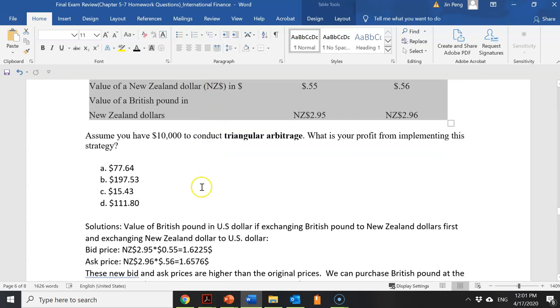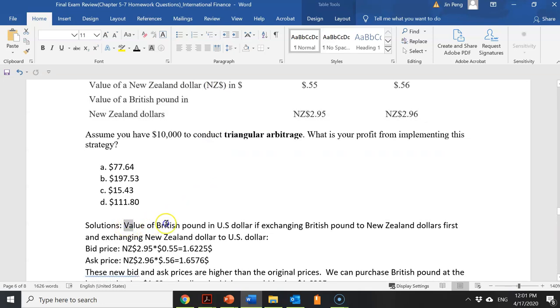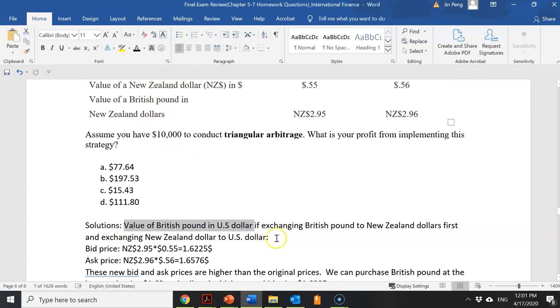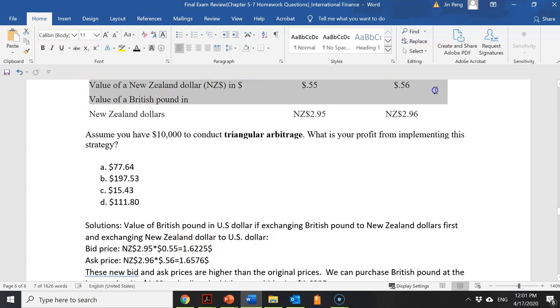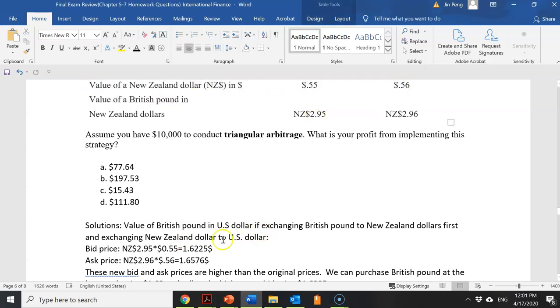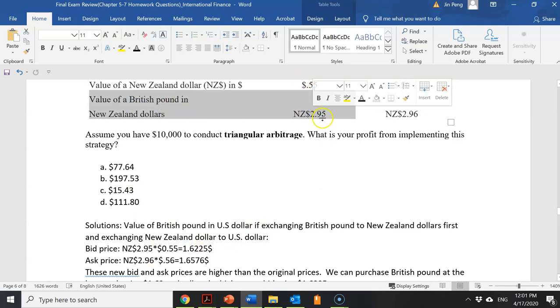Okay, so the value of British pound in US dollar can be obtained also by exchanging British pound to New Zealand dollars first, using the third row price here, and exchanging New Zealand dollars to US dollars using the exchange rates in the second row here. Okay, so at bid, 1 British pound is equal to 2.95 New Zealand dollars.